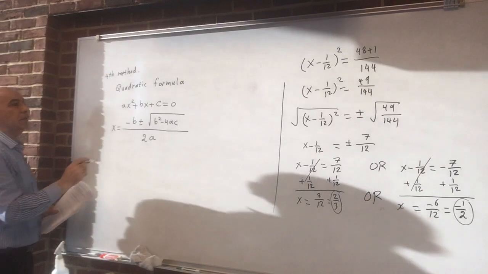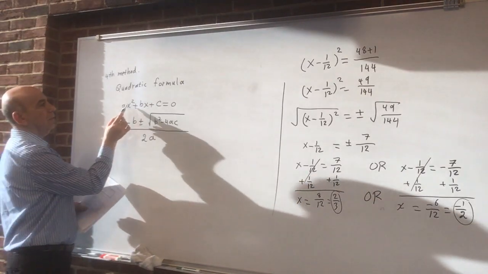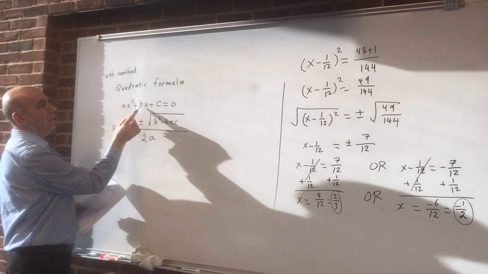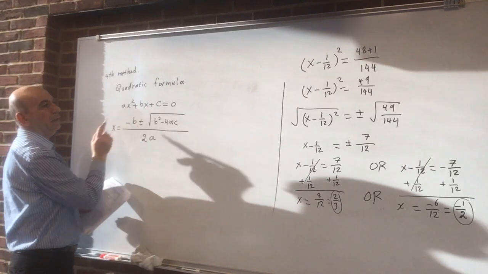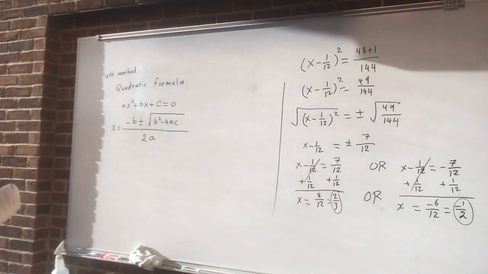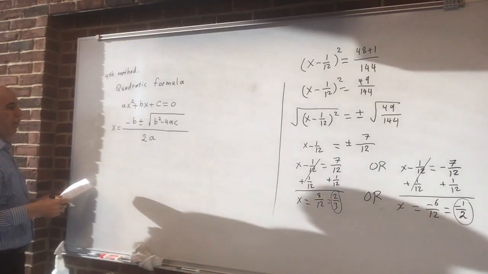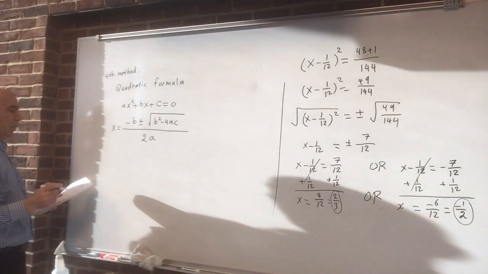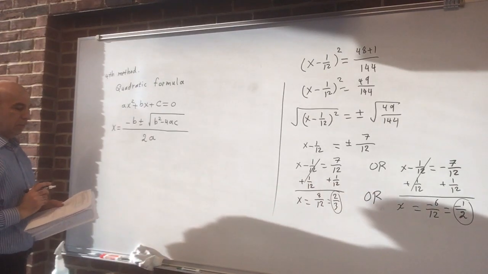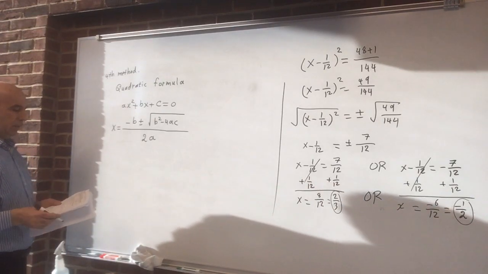What is a, what is b, what is c? A is the coefficient of x squared, b is the coefficient of x, and c is the number. So for example, use the quadratic formula to solve the following problems.